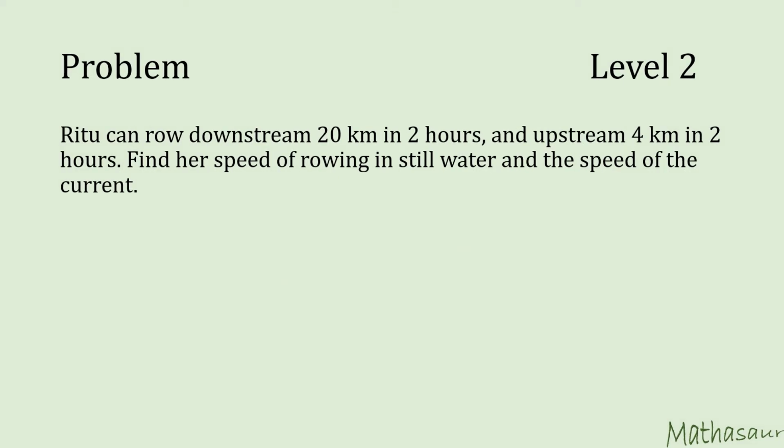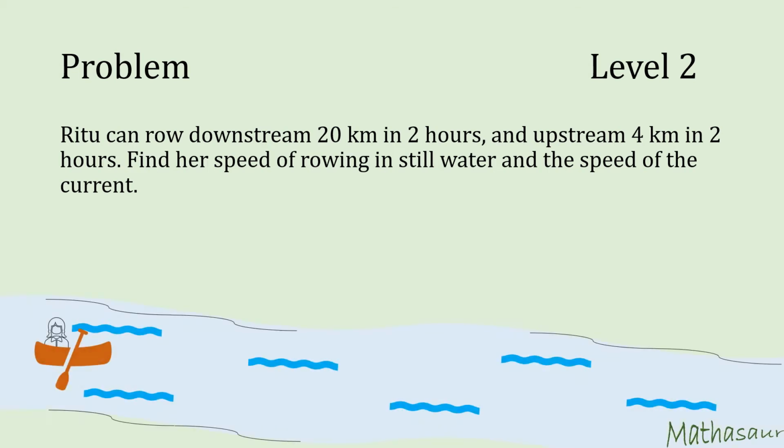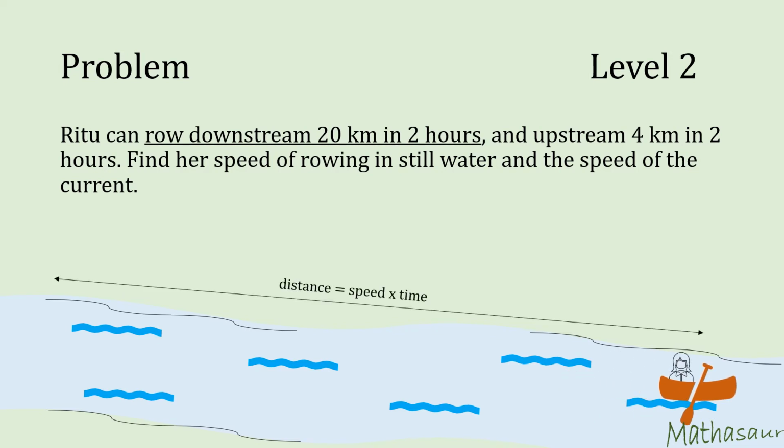Ritu can row downstream 20 kilometers in 2 hours and upstream 4 kilometers in 2 hours. Find her speed of rowing in still water and the speed of the current. So Ritu is rowing downstream, which means in the direction of the water current. So writing distance equals speed times time, we get 20 equals speed multiplied by 2.